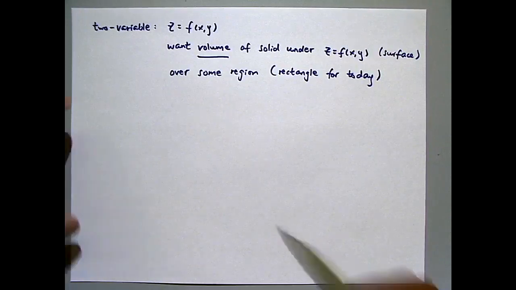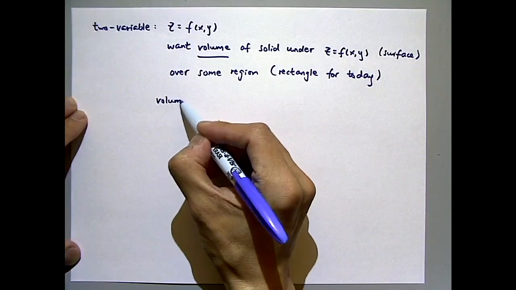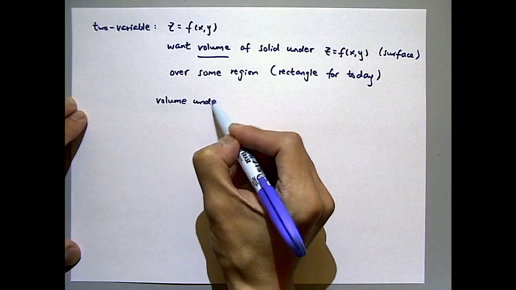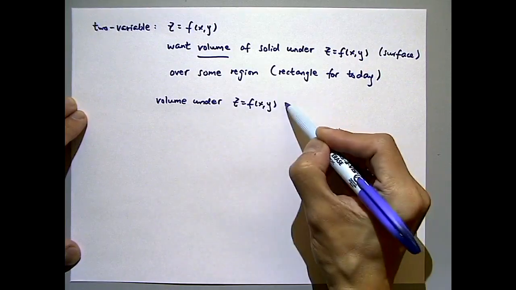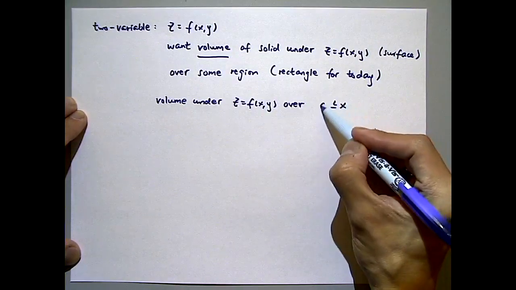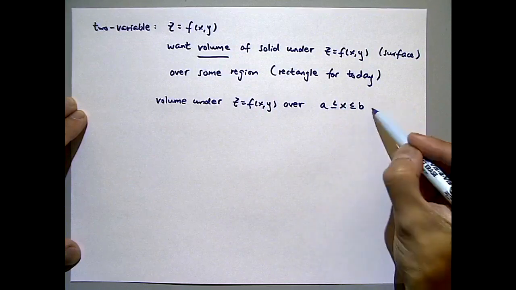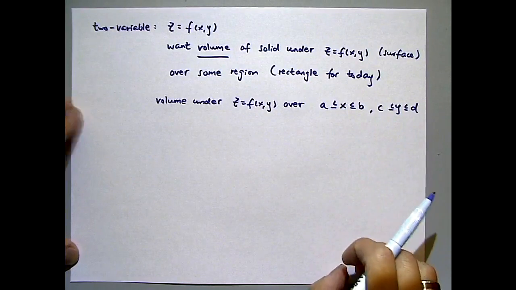So a problem statement is going to look something like: volume under z is equal to f of xy over x between A and B, and y between C and D.